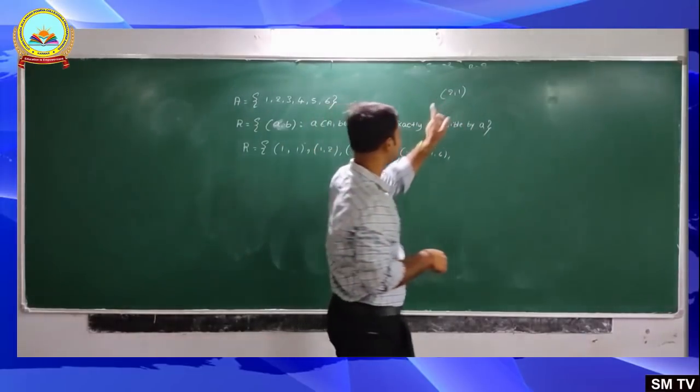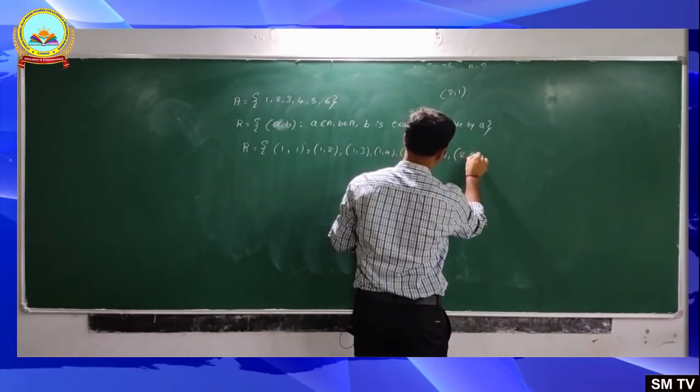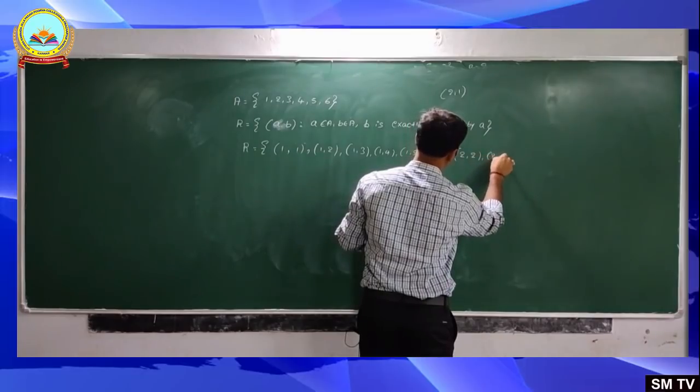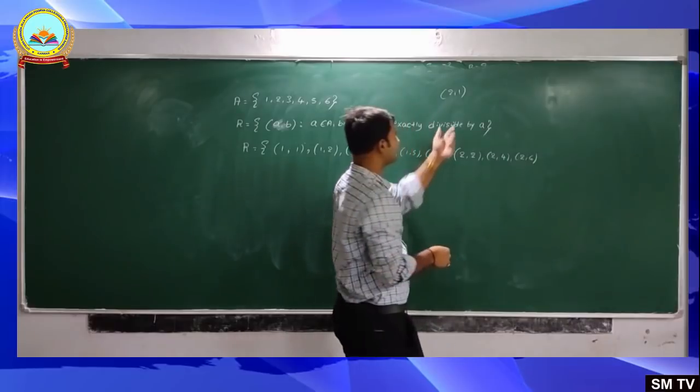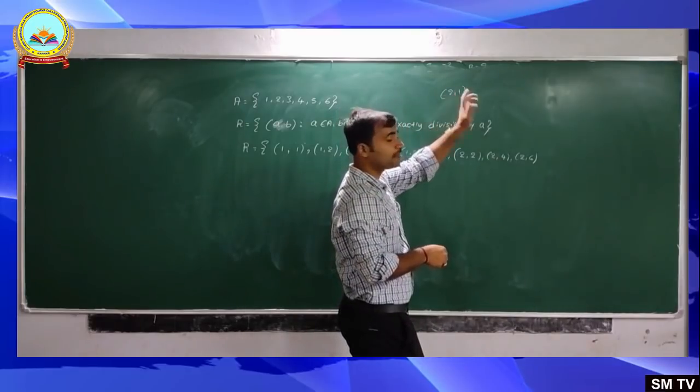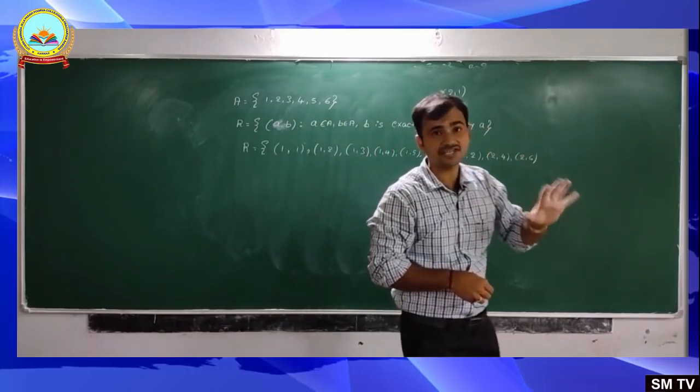Therefore you should not consider this (2,1). Therefore the next elements will be (2,2), (2,4), (2,6). Similarly (2,1), (2,3), (2,5) will not be there in this particular relation, even though they will be in the Cartesian product.